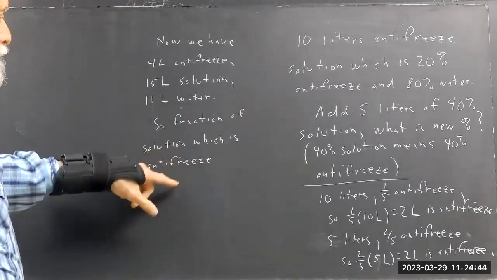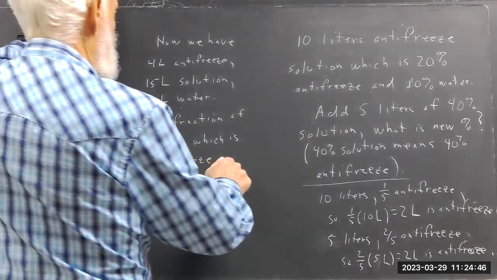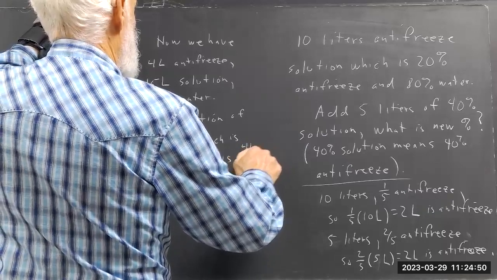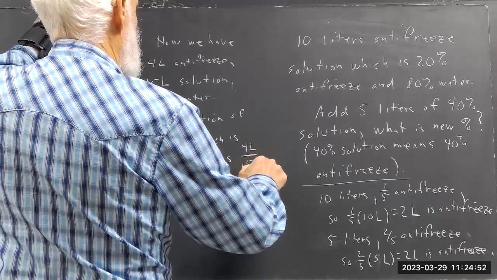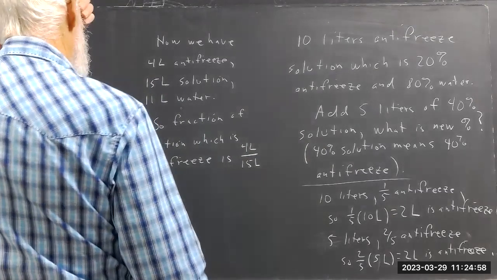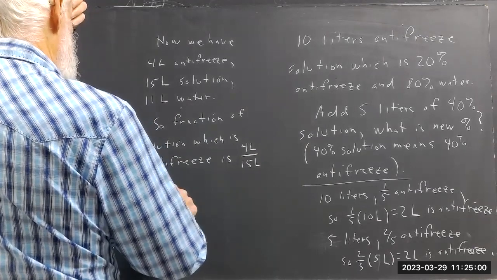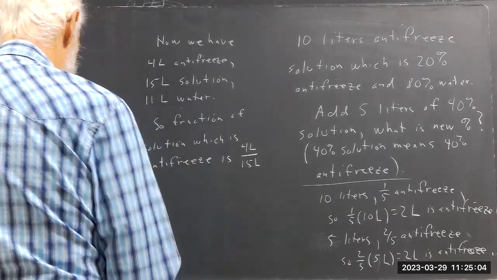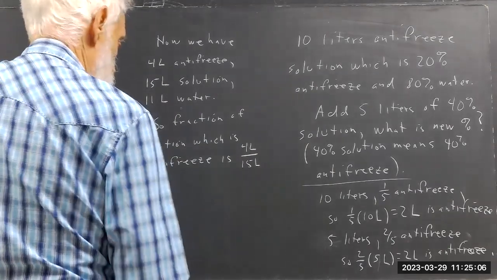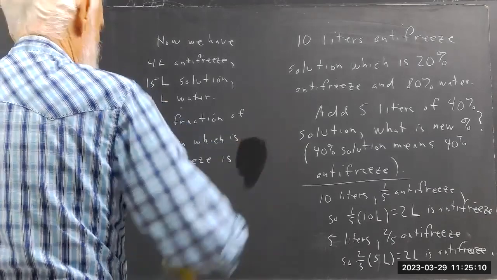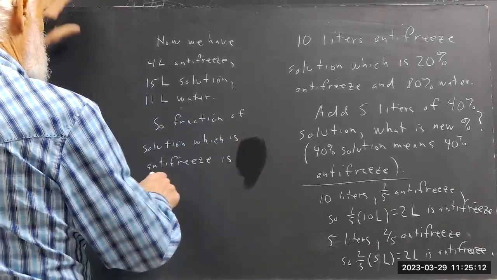I'm going to say the fraction of the solution which is antifreeze is 4 liters over 15 liters.